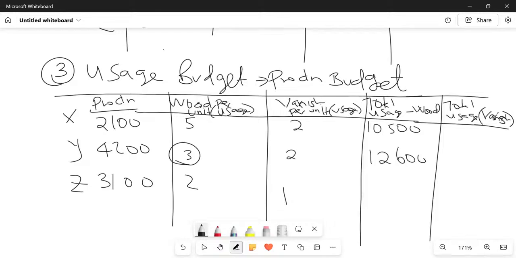And then this one will be 3,100 times 2, which gives me 6,200. Remember, for the usage, you must always give us the total. So how many kgs of wood do we need for this production?